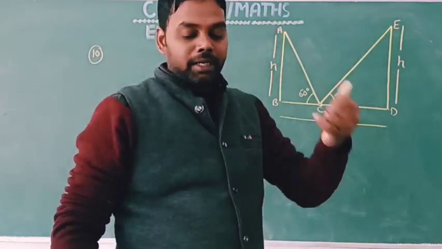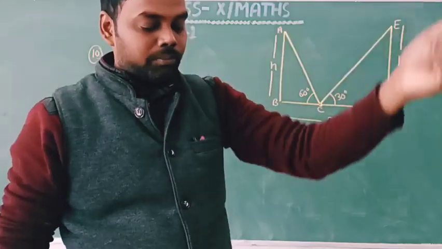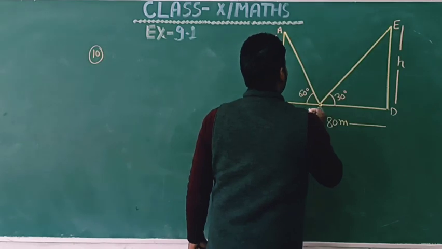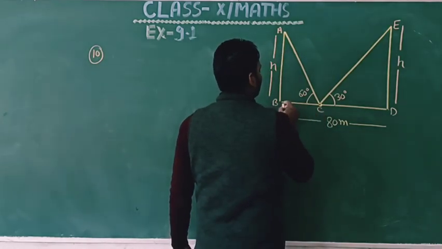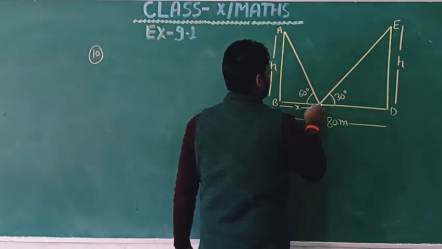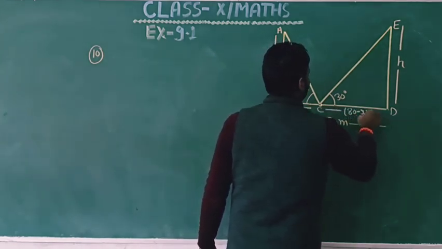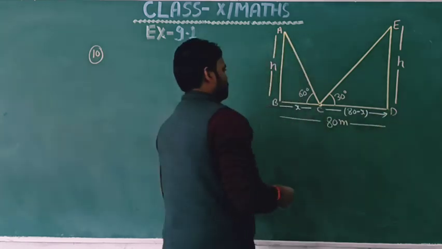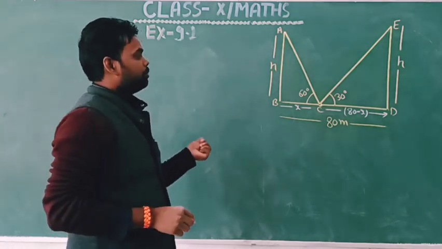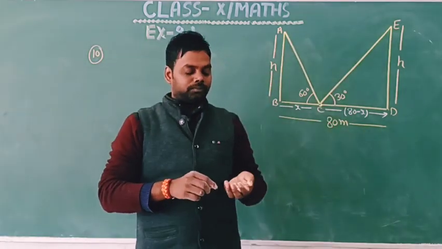And also find the distance of the point from the poles. This is BC and CD, we also need to find. So let this distance be X, then CD is 80 minus X. So this is a simple diagram to represent the whole problem.